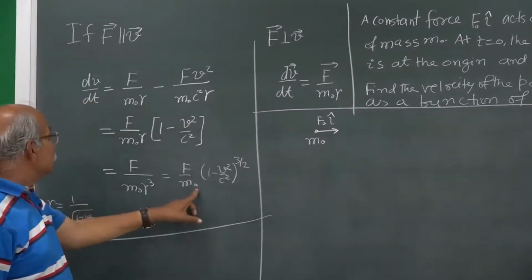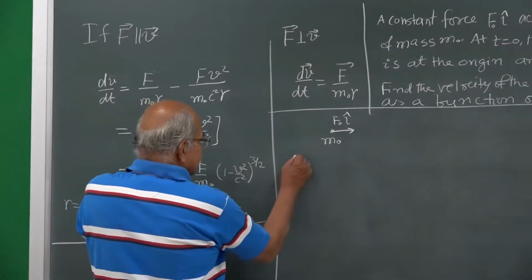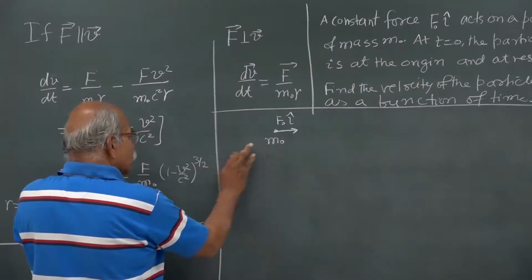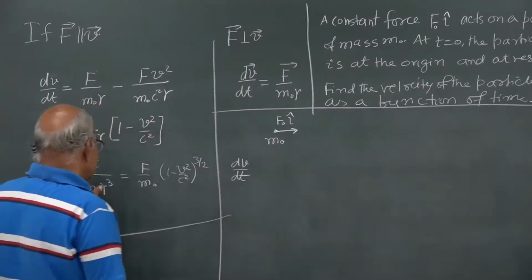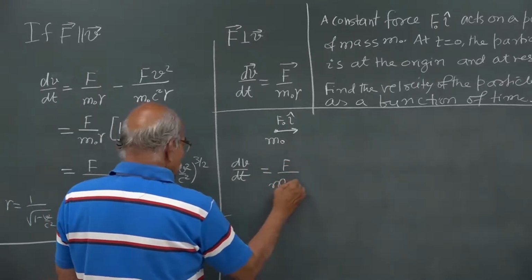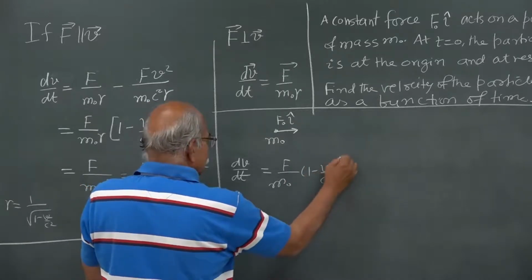So, we will be using this equation to get the velocity. I have dv/dt, and since everything is in the x direction, I can drop the arrow sign. It is given by F divided by m naught, times (1 minus v square by c square) to the power 3 by 2.